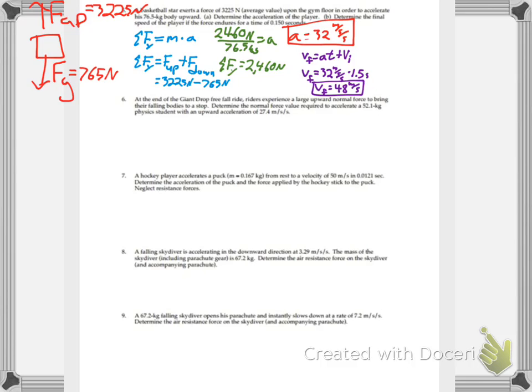So we have our force due to gravity will equal his mass, which is 52.1 kilograms, times 10 newtons per kilogram. So we will get that his force due to gravity is 521 newtons.